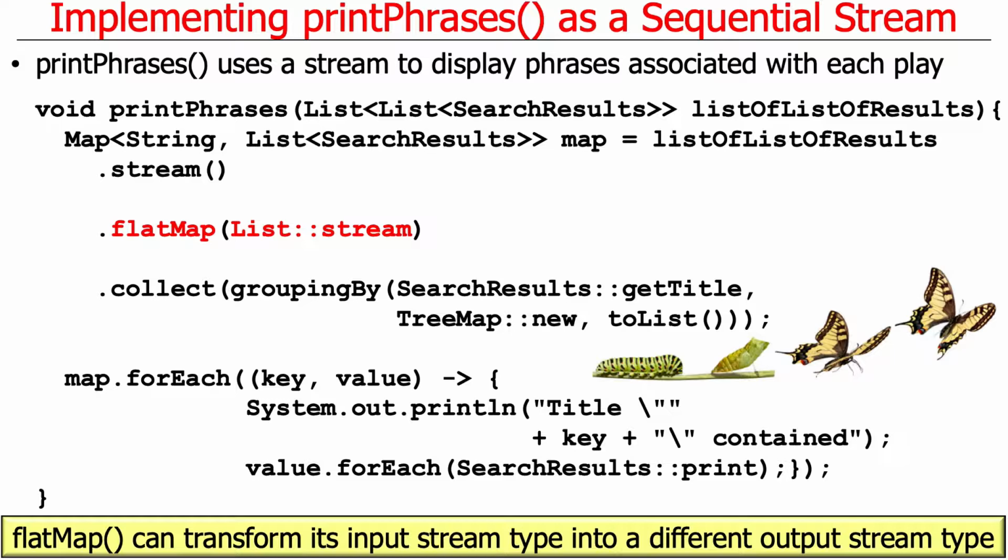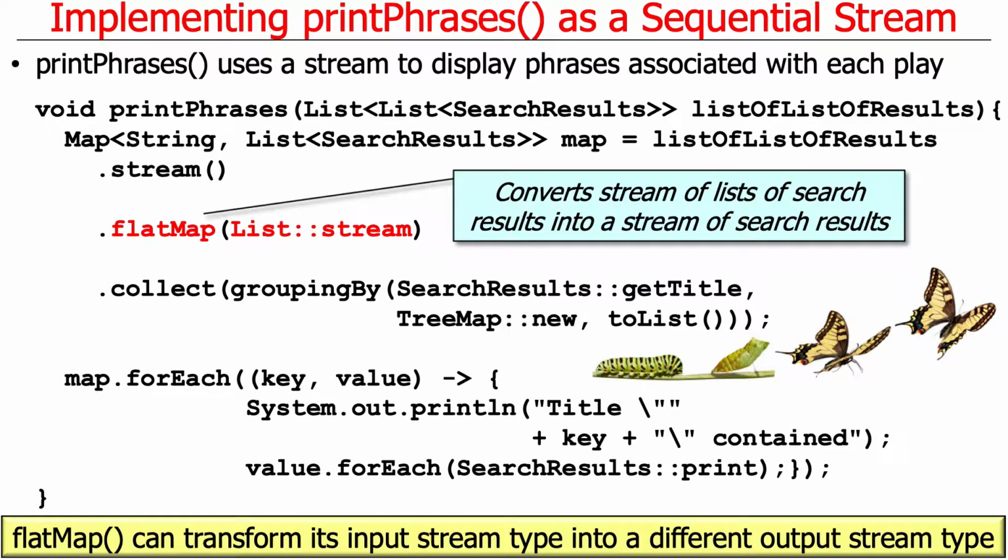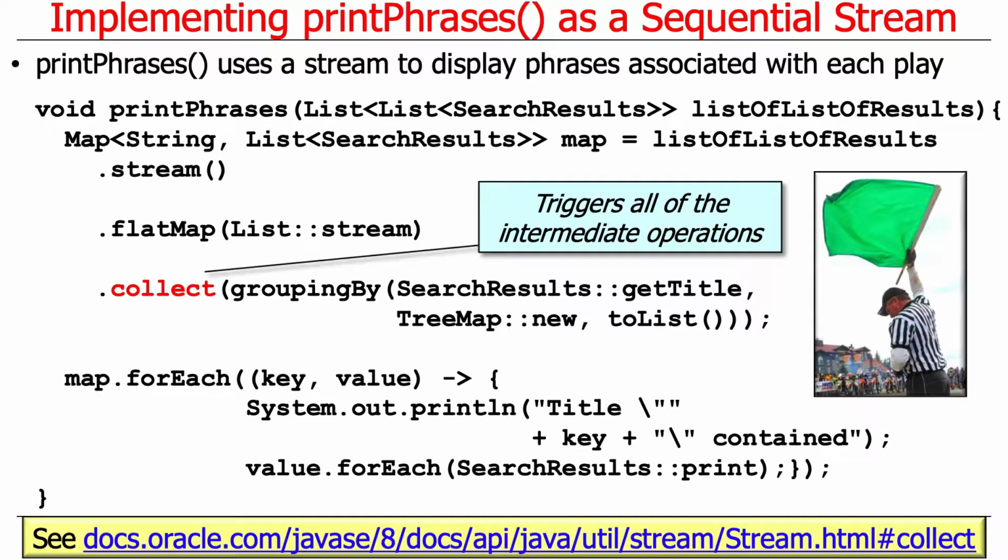So flat map can transform its input stream into a different output stream, and that's exactly what it's doing in this case. It's taking a stream of lists of search results, and it's flattening them to be a stream of search results. So that's what flat map is doing. And then that stream of search results is then passed to collect.